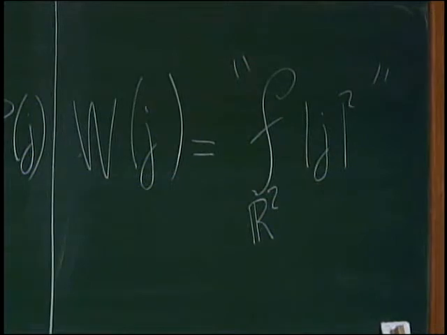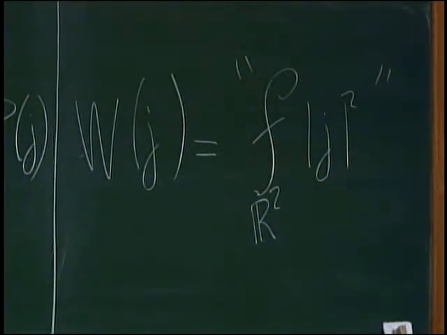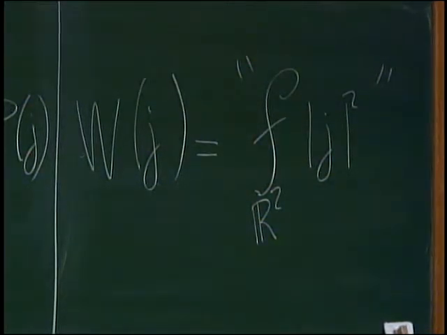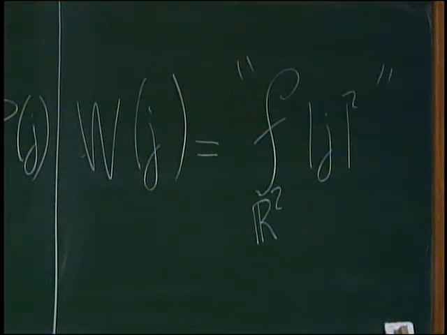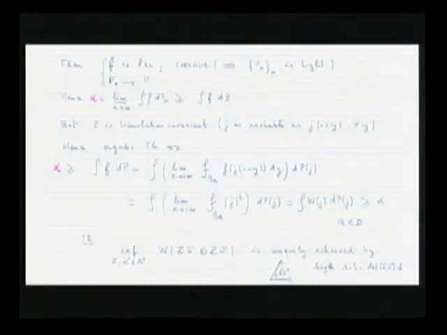Okay, so if you want to minimize this energy among periodic lattices, well, you can, and the only solution is what people call the triangular lattice. So it's a lattice which looks like this.